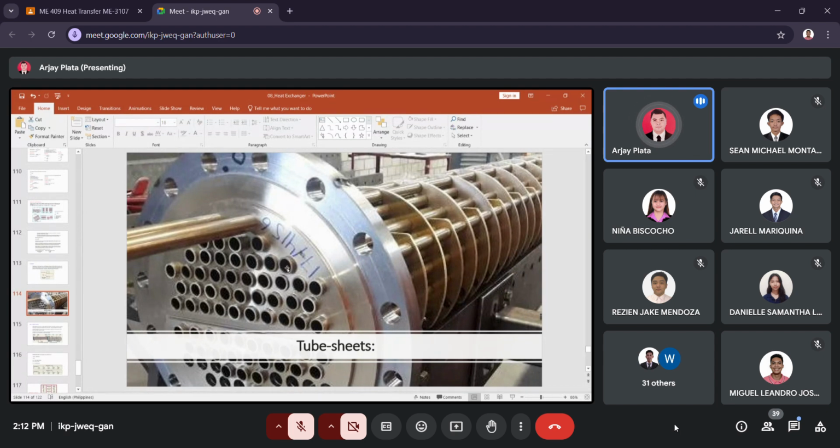So the tubes are welded on the tube sheet here. Also the tubes are expanded inside so that they will touch the tube sheet, so there will be no leakage. Okay, so we have the baffle here. It is horizontally cut, as you can see. So we will bolt this to the shell flange. So the shell has a flange, so it will be bolted here.